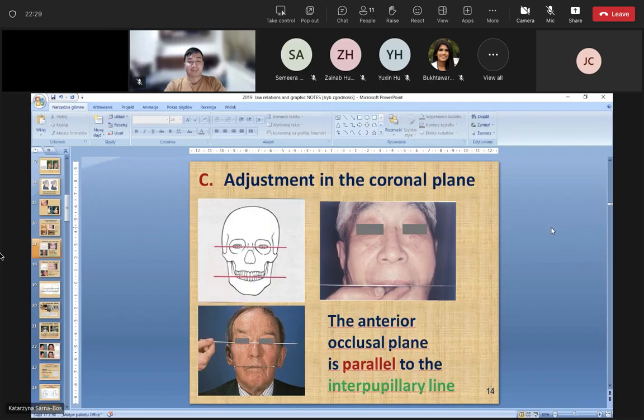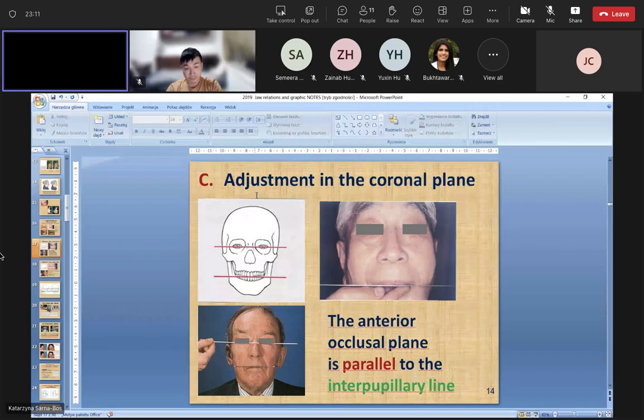Okay. And now substage C, which is called adjustment in the coronal plane. What about adjustment in the coronal plane? The rim is adjusted so that the anterior occlusal plane is parallel to the interpapillary line, or alternatively at right angles to the long axis of the patient's face.